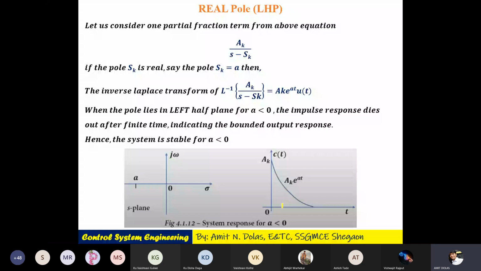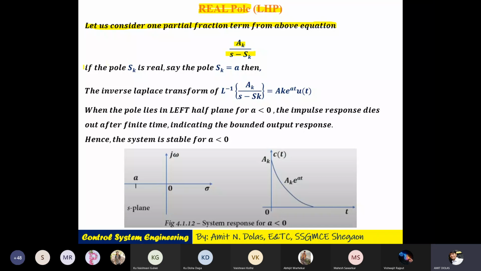So what about a real pole in the left hand plane of the s plane? Let us consider one partial fraction term of the above equation. Which equation? This one. We have just considered ak upon s minus sk. So we have one part here, ak upon s minus sk.